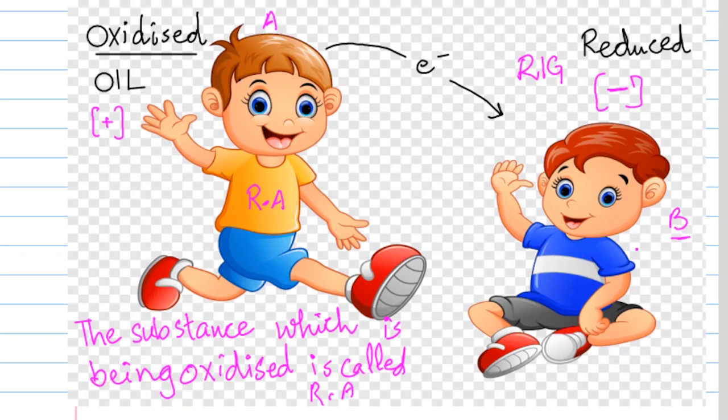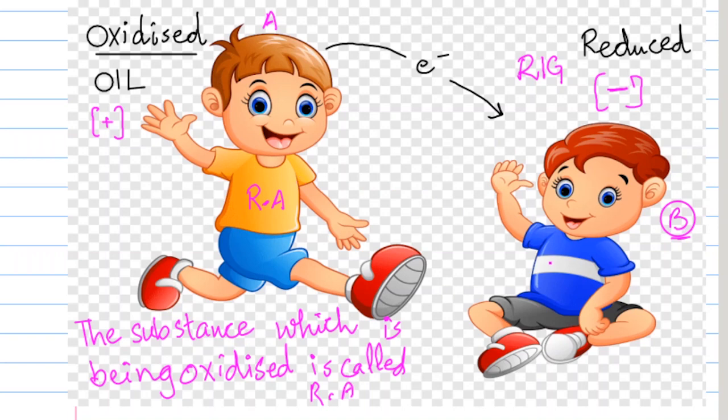In the same way, substance B is reduced itself, but it is going to oxidize the other substance by taking the electrons. If it takes the electrons, it oxidizes the other one.